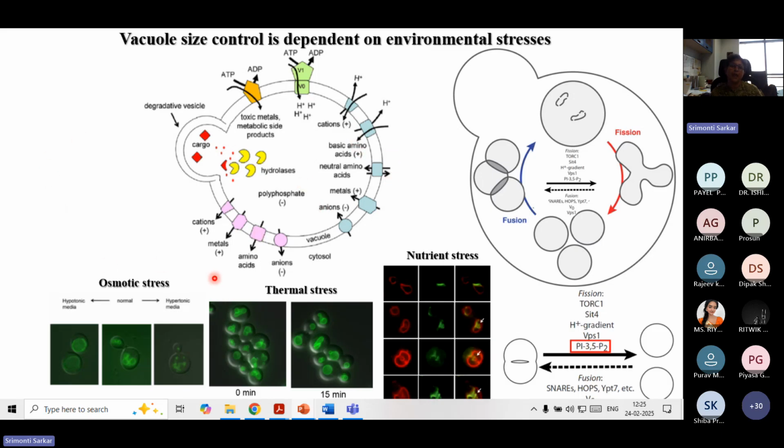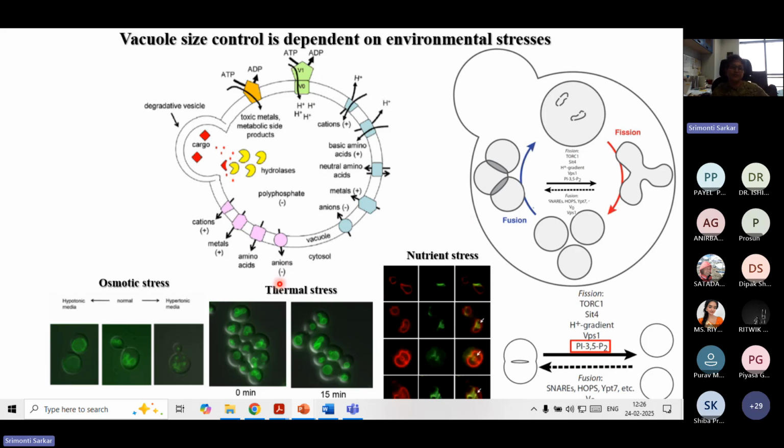It also has pumps to control the amount of cations and anions in the cytoplasm. So I hope you can understand that instead of just being a degradative organelle, the vacuole plays a very important role in allowing the yeast to withstand different stress conditions.